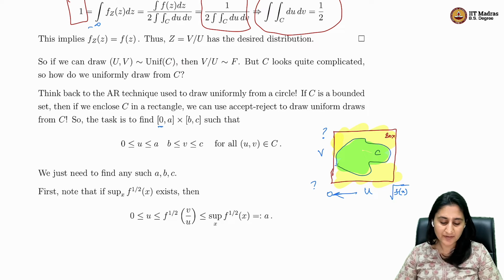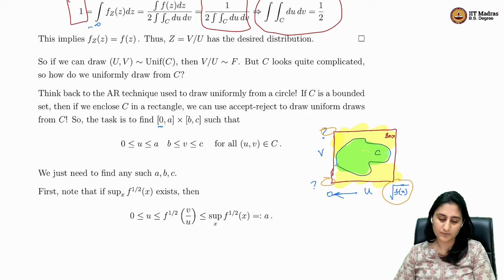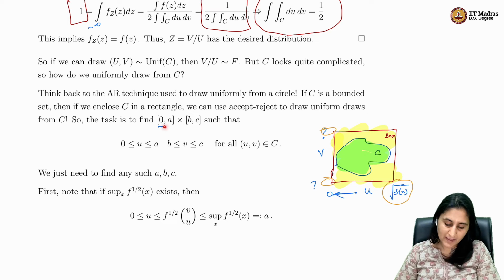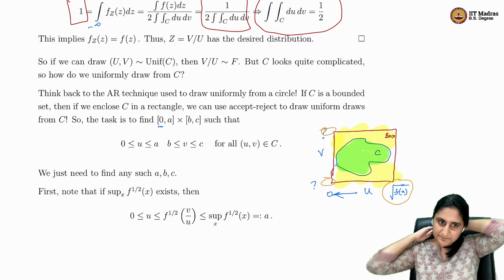Then I need to find the upper end of the box. So I need to find A, B and C, which are these ends. I need to find A such that u is between 0 and A, and B and C such that v is between B and C.